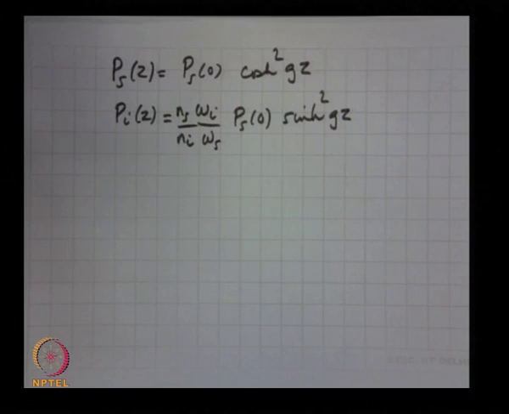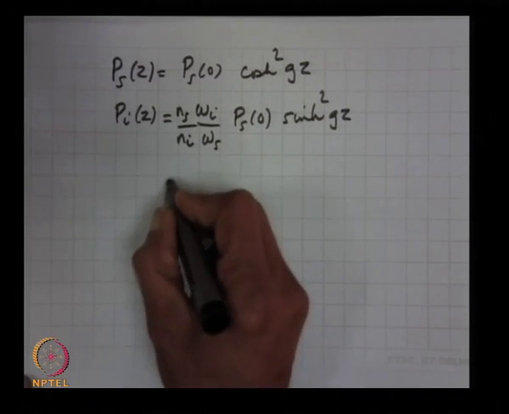Okay, so what is the increase in the number of signal photons from z equal to 0 to some value L?